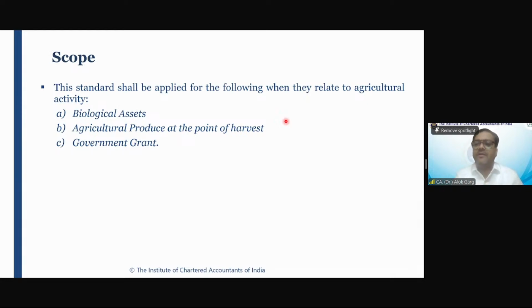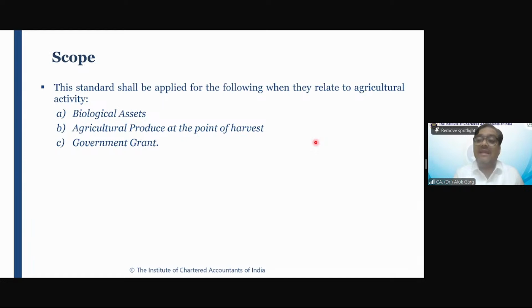Right. Tell me, what is cow? Whether cow is a biological asset or not. Yes, cow is a biological asset. So what is the agriculture produce from cow? Milk.